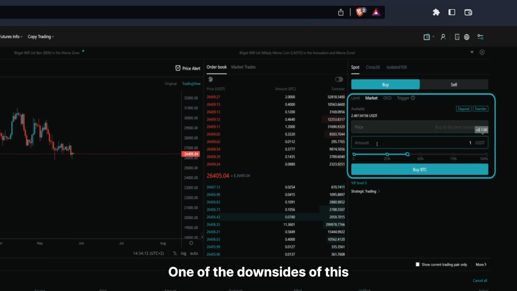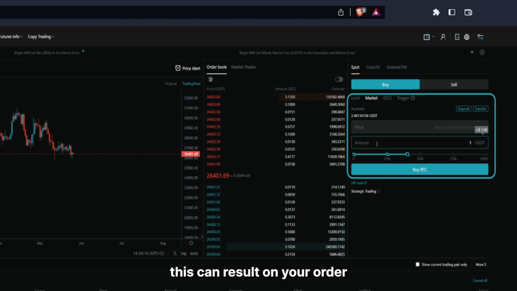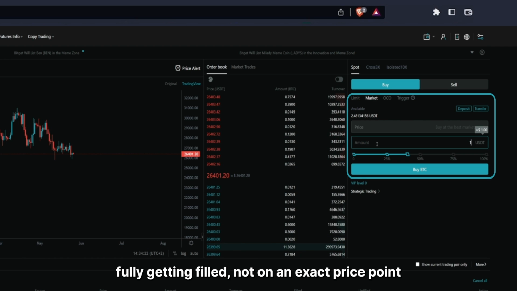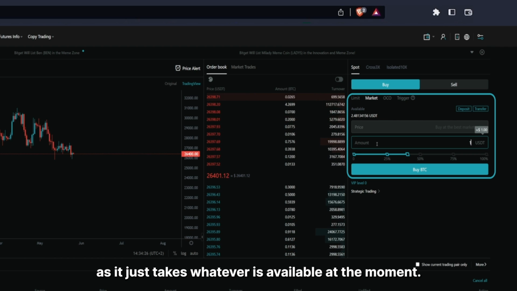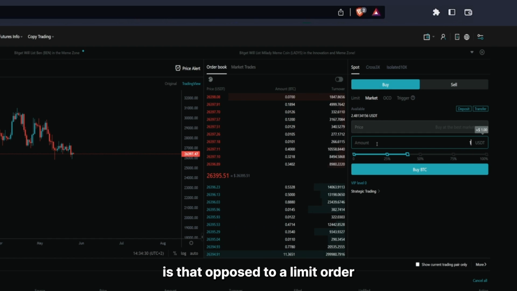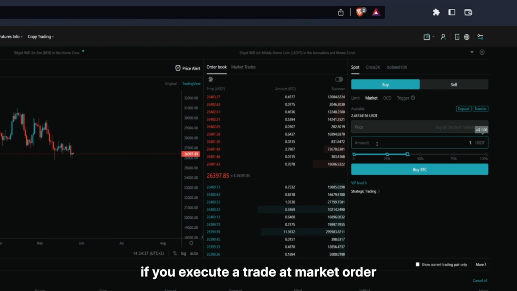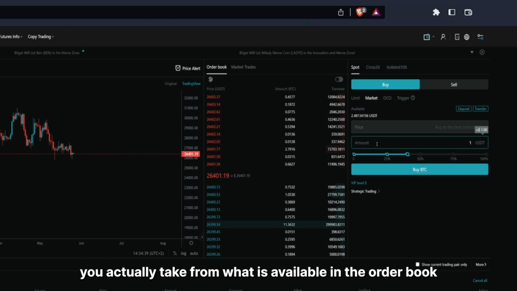This can be very helpful if you want to get into a position immediately. One of the downsides of this is that in heavy fluctuations in the market, this can result in your order getting filled not at an exact price point, as it just takes whatever is available at the moment. The difference with a limit order, where you place an order within the order book, is that if you execute a trade at market order, you actually take from what is available in the order book.